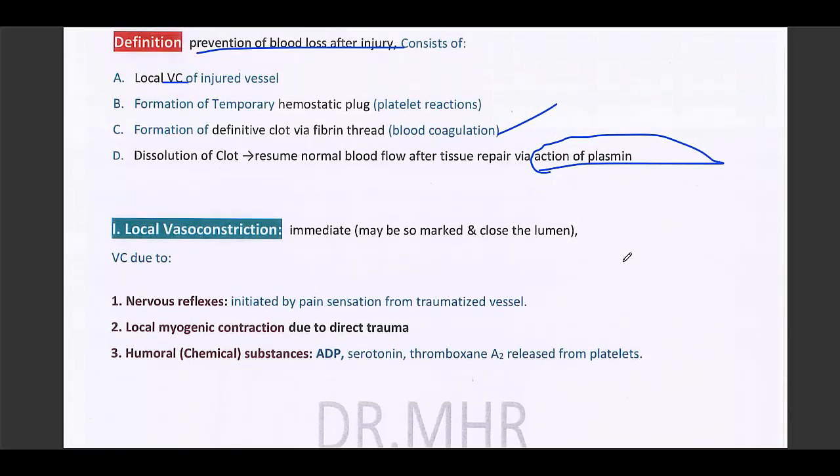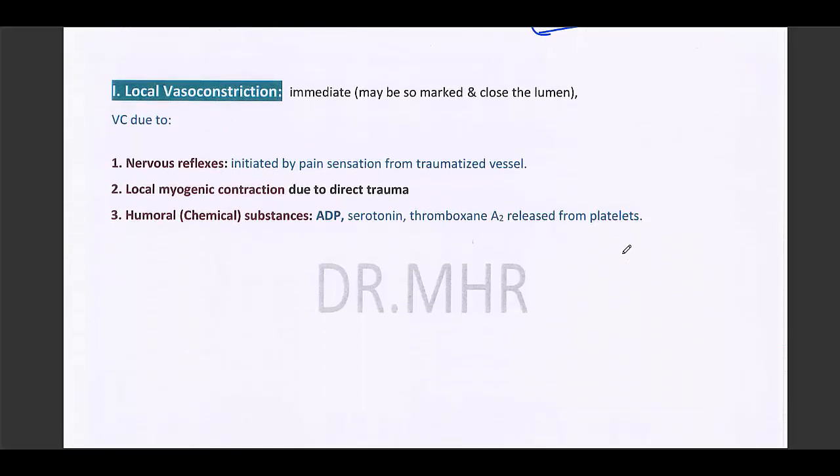Now let's discuss it specifically. Firstly, local vasoconstriction. It is an immediate reflex, due firstly to a nervous reflex, by nervous action. It starts with pain sensation from the traumatized vessel.